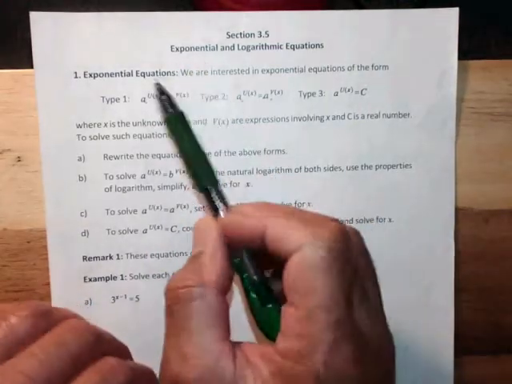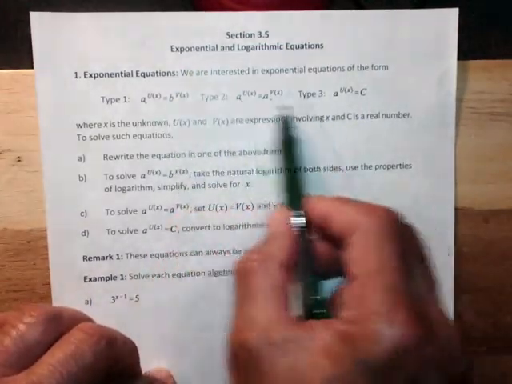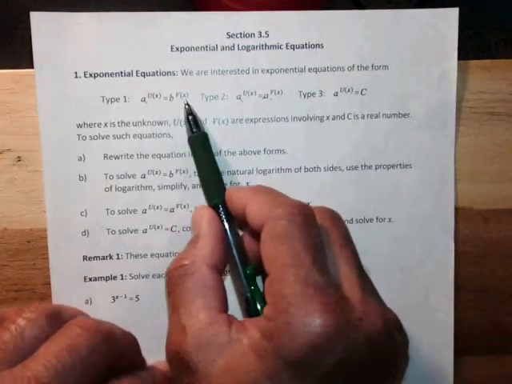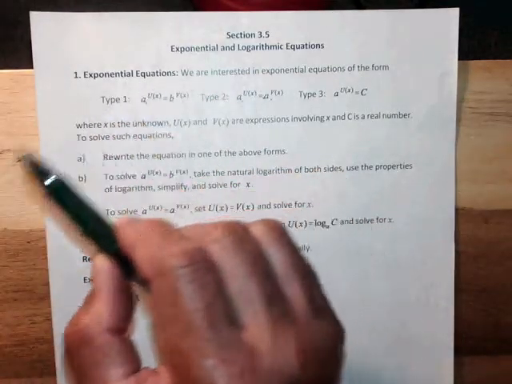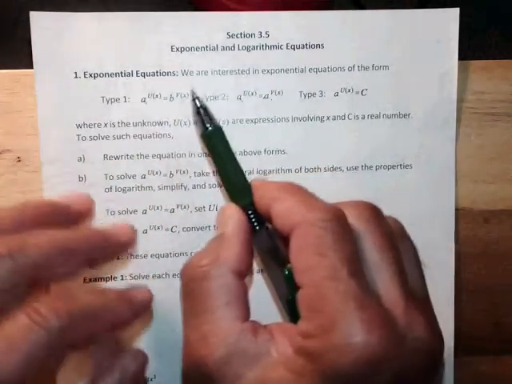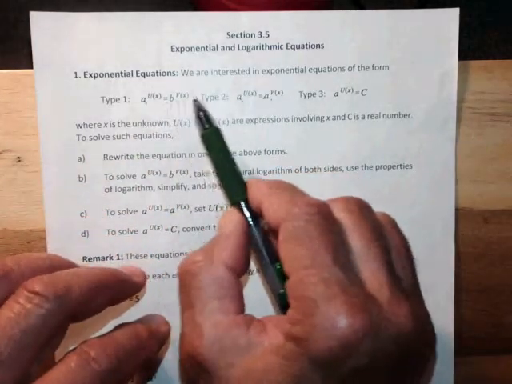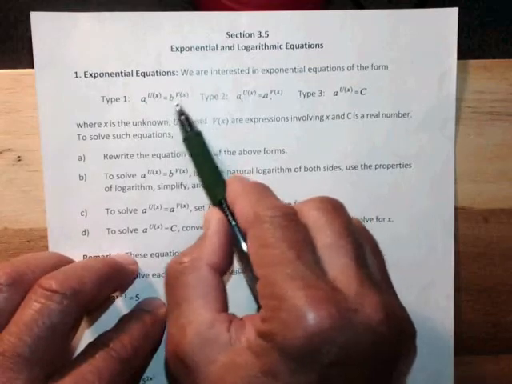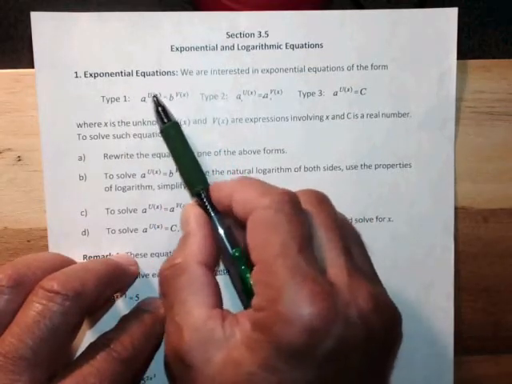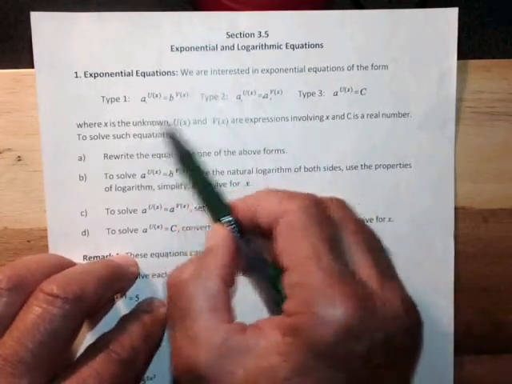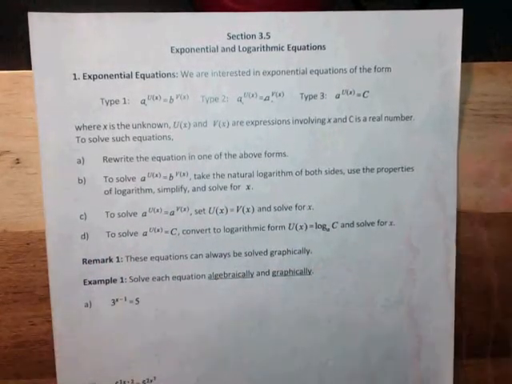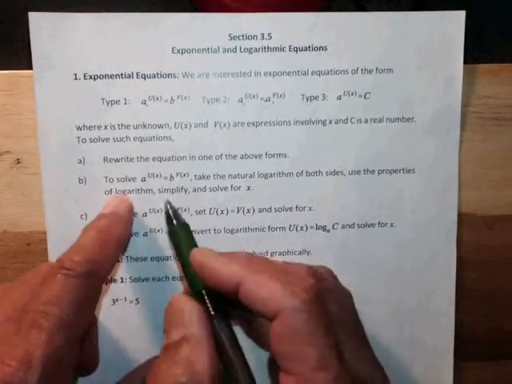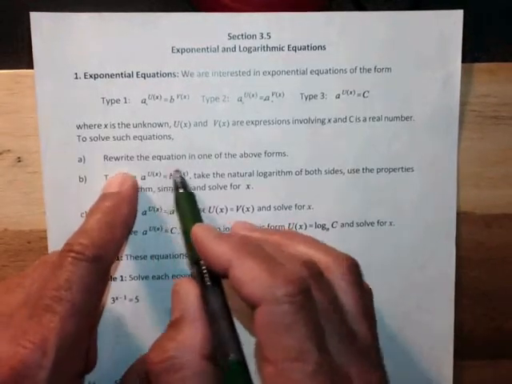If they don't readily look like these, maybe we have to do a little bit of playing, adding something to both sides, subtracting something from both sides, or dividing both sides by something. Then have one single exponential on the left and one on the right, and then we can use whatever the technique is. So that's the first thing you do: you rewrite it in that form.